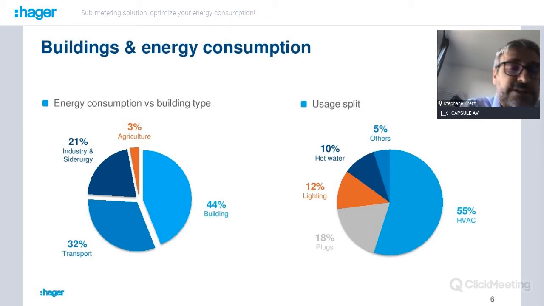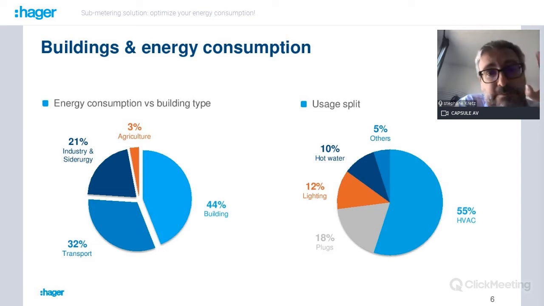Industry and siderurgy is 21%, and a little bit in agriculture, but not so much. So if you want to reduce energy consumption globally, I talk about green and ecology here, the main topic where you can work to reduce the CO2 footprint is buildings.